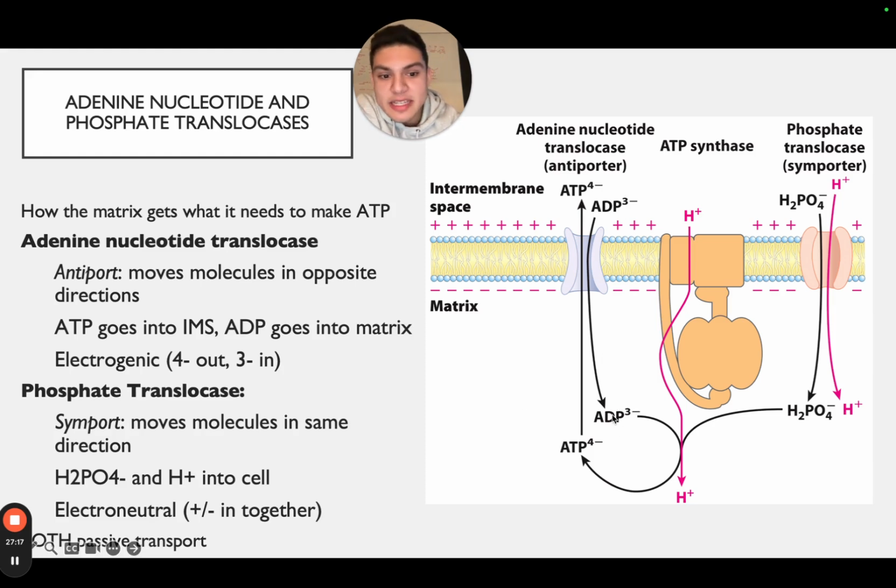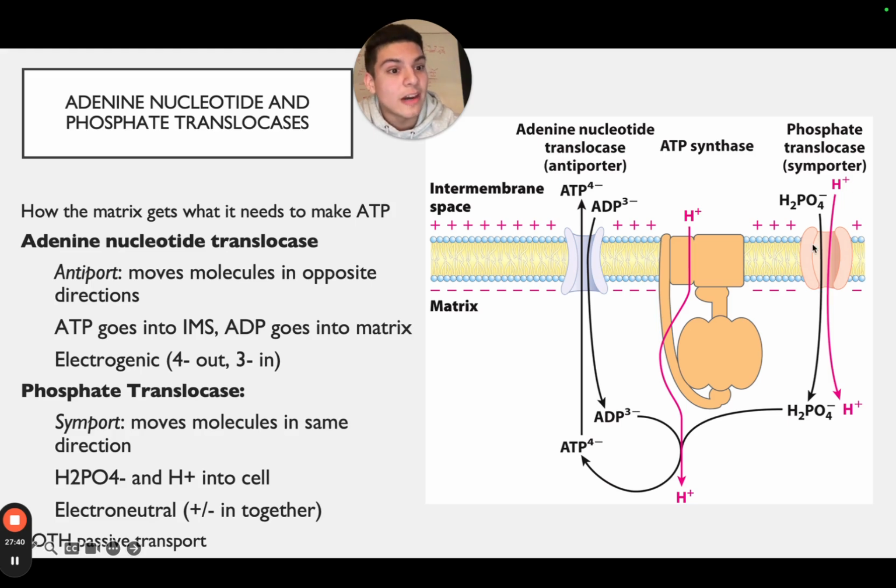And what ends up happening is the ADP will combine with the inorganic phosphate, and we'll go over that in a little bit, and it's going to form our ATP. ATP then leaves because we need to use it in the cytosol. We need it for proteins like protein kinase A, protein kinase C, a bunch of these proteins that are in the cytosol, right? We need to harness that ATP for it. It needs to leave the mitochondria, and that's what this antiporter is used for.